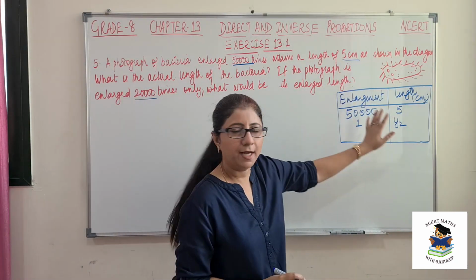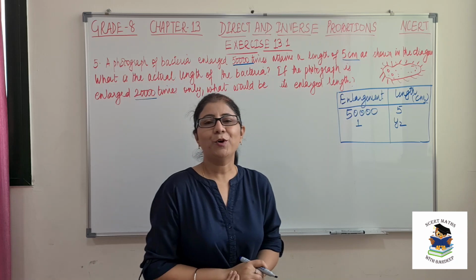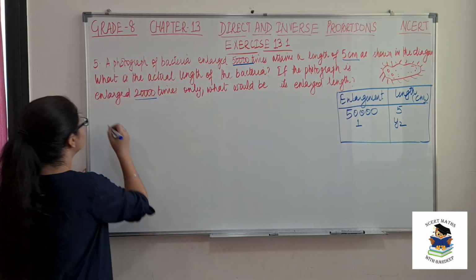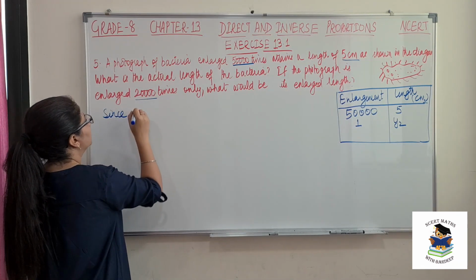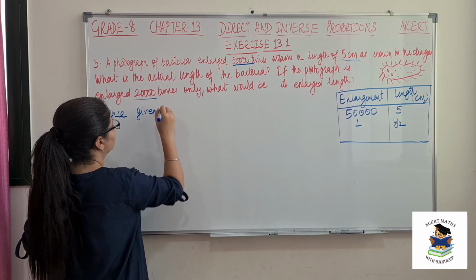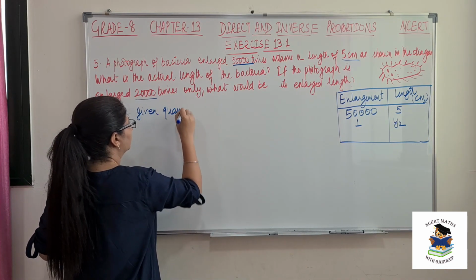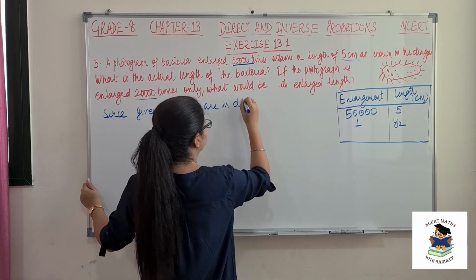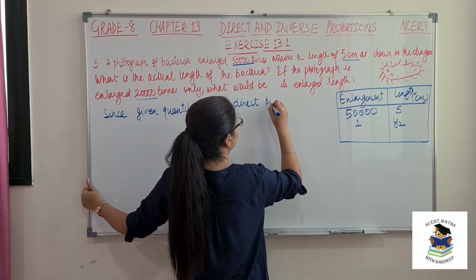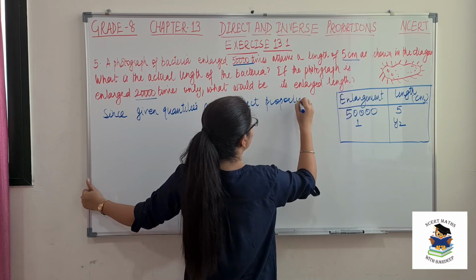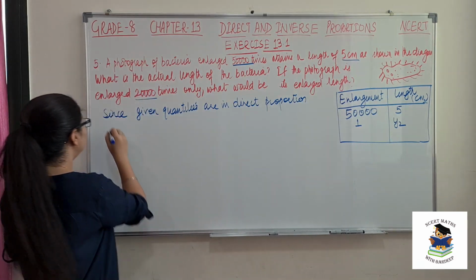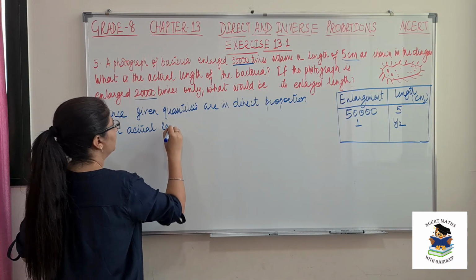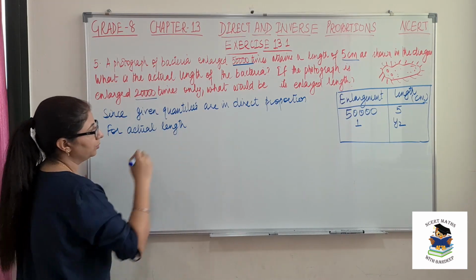Okay. Since this is in direct proportion, we will use our formula, that is x1 by x2 is equal to y1 over y2. So since the given quantities are in direct proportion, we will write for actual length, what we have taken as actual length y2.